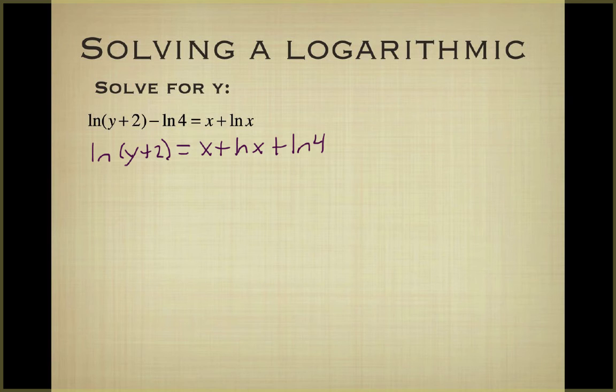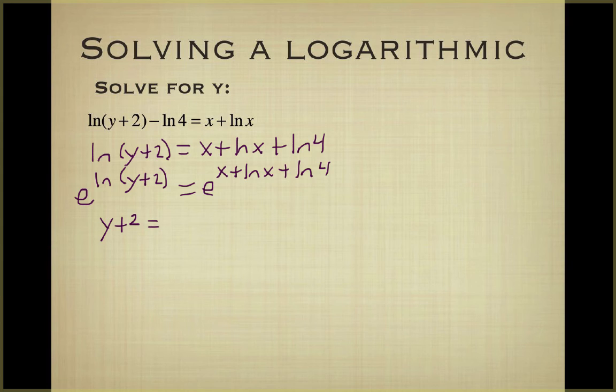Now we have this, we're going to exponentiate both sides. What that means is we're going to take e and raise it to the ln of (y plus 2) power, equals e to the x plus ln of x plus ln of 4. On the left side, e to the ln of (y plus 2), the e and the ln are inverses again, so that simplifies down to y plus 2.